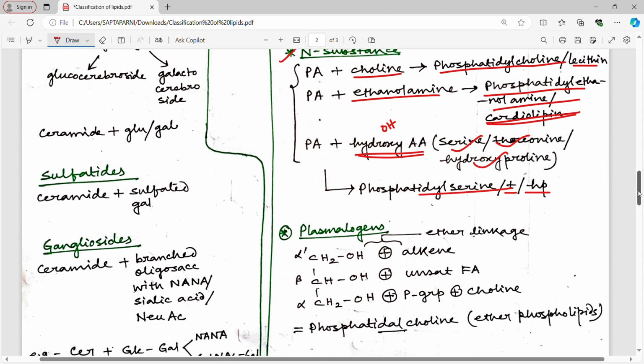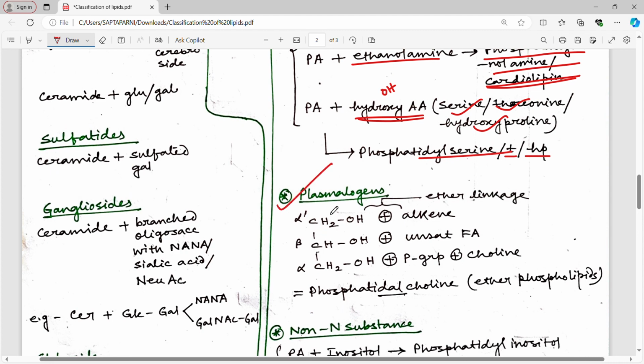Next, plasmalogens. What are plasmalogens? Plasmalogens are one kind of phospholipid. We can call it an ether phospholipid. Why is it called ether phospholipid? Because at the beta carbon position, like the previous one, unsaturated fatty acid is esterified. At the alpha carbon position, there is the phosphate group and choline, ethanolamine or whatever. But at the alpha prime position, that means at the first carbon of the glycerol, there will be an alkene instead of saturated fatty acid, and this alkene forms an ether linkage with the glycerol.